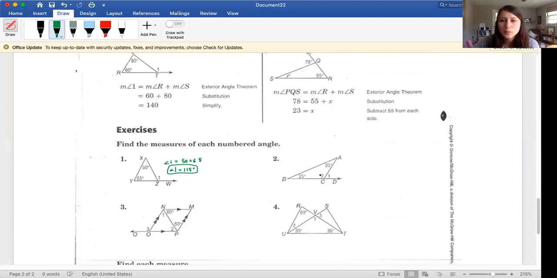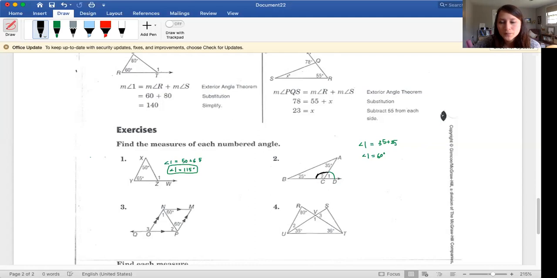Over here, we're looking for both angle 1 and 2. To find angle 1, that would just be 35 plus 25. And angle 1 would equal 60 degrees. Now, if we're looking for angle 2, aren't angle 1 and angle 2 supplementary?